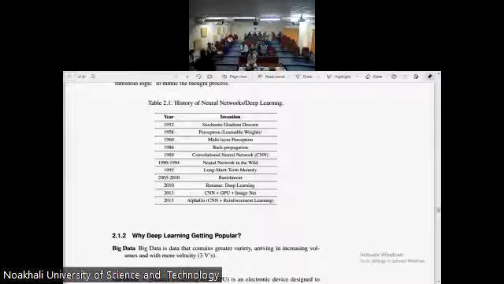Then in 2013, we have the ImageNet challenge, and in 2015 the AlphaGo challenge. These two are really interesting. ImageNet is a competition where a human is given 1,000 images, like 100 birds, 100 animals, 100 people's faces, and has to recognize them.